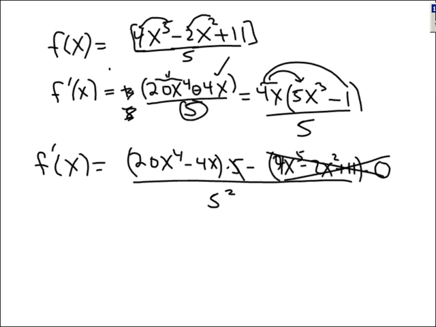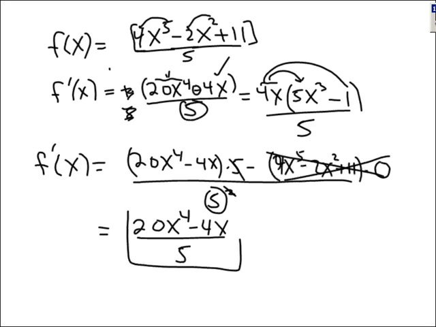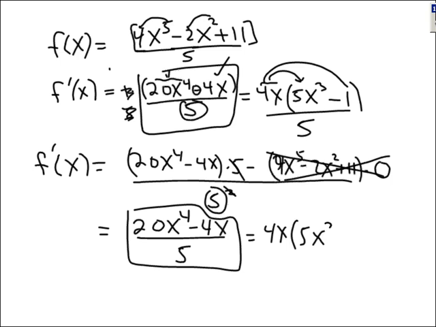I'll kill off one 5 on the top, and I'll kill off one of the two 5s in the bottom. There's only one 5 in the bottom. And what survives on top is 20x to the 4th minus 4x. And what survives on the bottom is 5. Other than factoring out the 4x, this is just what we got before. And if we factor out the 4x, we get exactly the same answer. There it is. So look at how much more work we did.